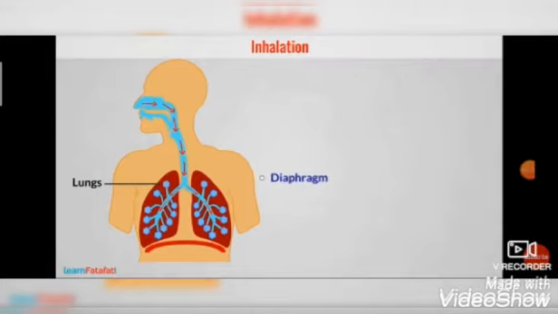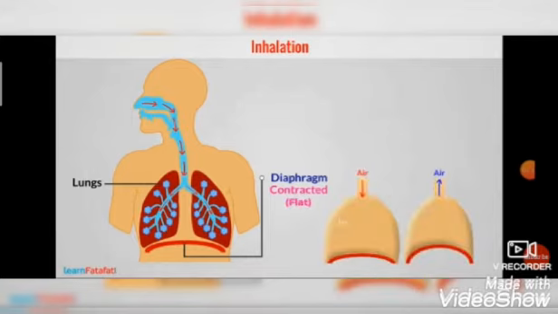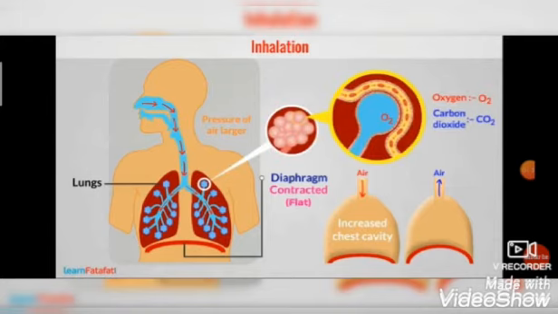During inhalation, the muscular sheath called the diaphragm, situated below the lungs, undergoes contraction, due to which the diaphragm moves downwards and becomes flat. It causes an increase in the chest cavity. With this movement, the pressure of air outside the body becomes larger than the pressure of the air present in the lungs. To equalize the pressure, air rushes into the lungs.